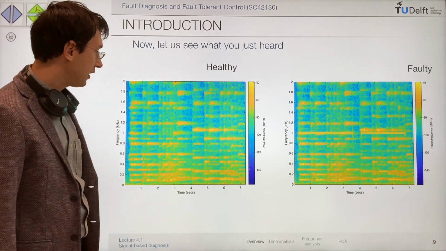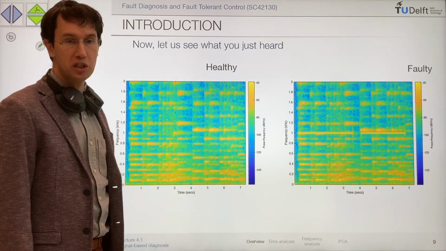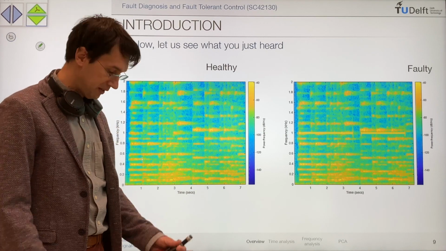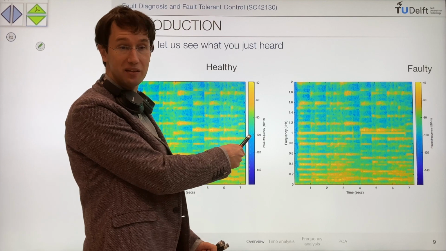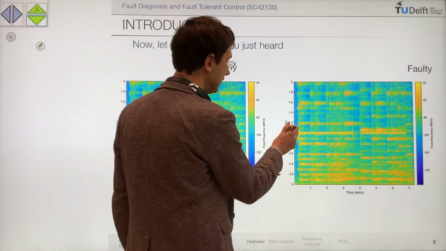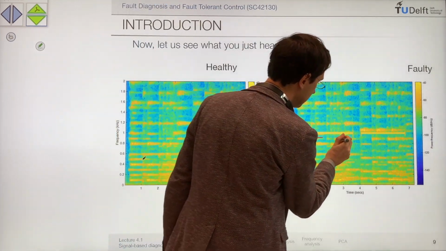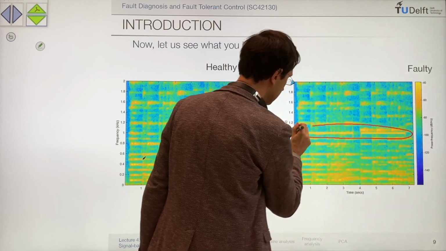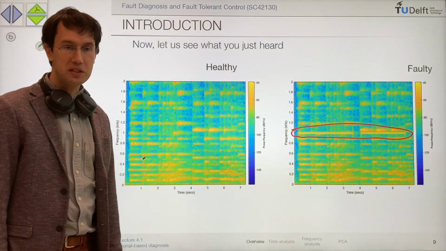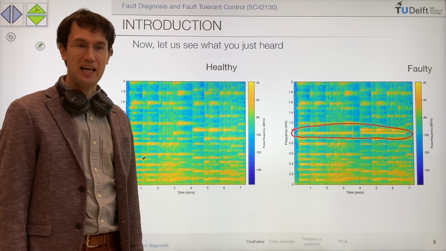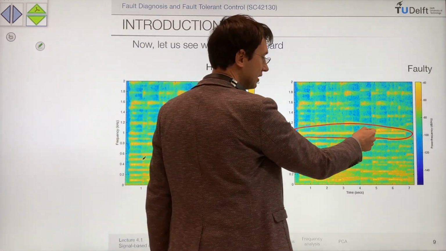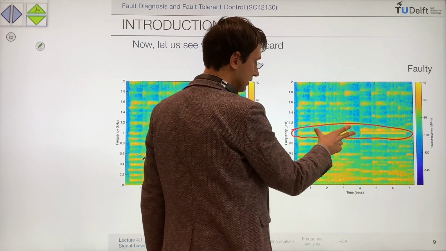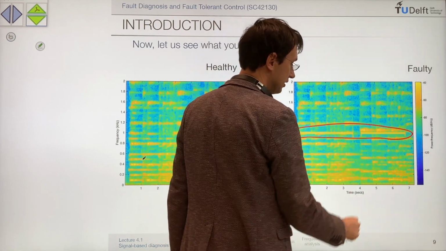And this is why your hearing system was able to catch up at the fault easily. And the fault that now we can see, thanks to this plot, is this. So you see, in the faulty signal, there was an extra tone, a pure sinusoidal component that was applied during this part and this part of the signal.